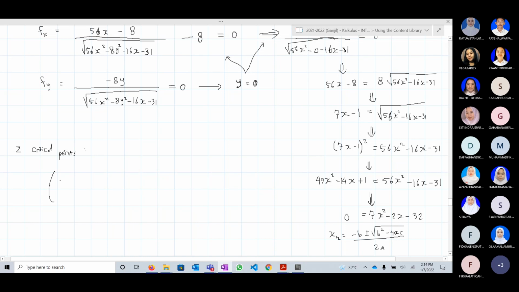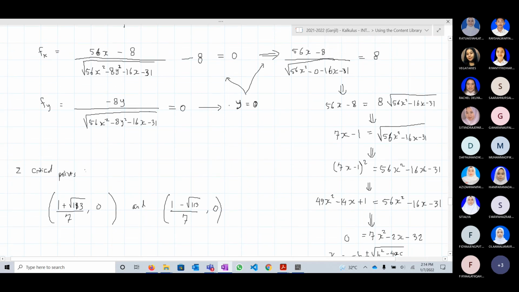They are 1 plus square root of 113 divided by 7, comma 0, and 1 minus square root of 113 divided by 7, comma 0, because the y here is 0.